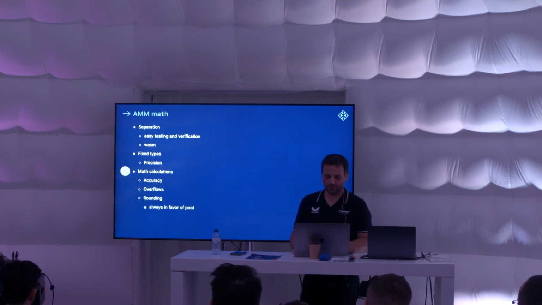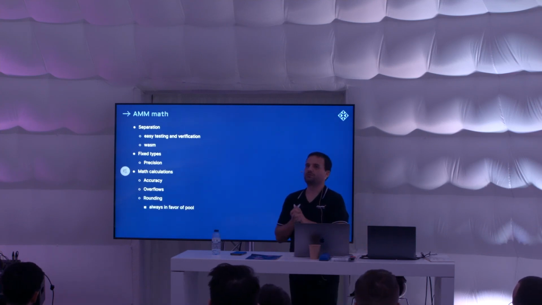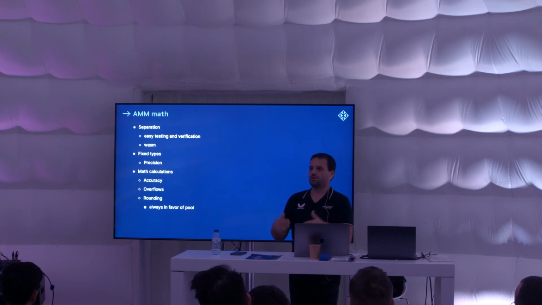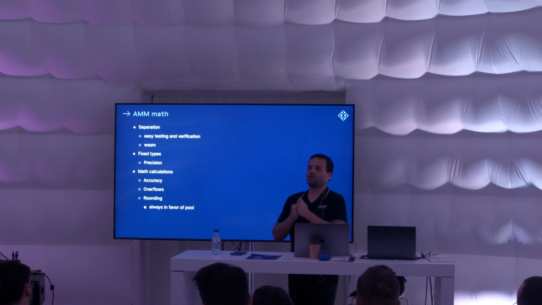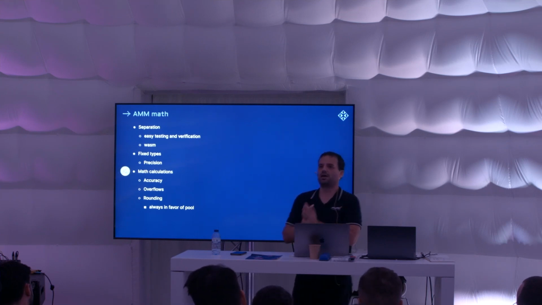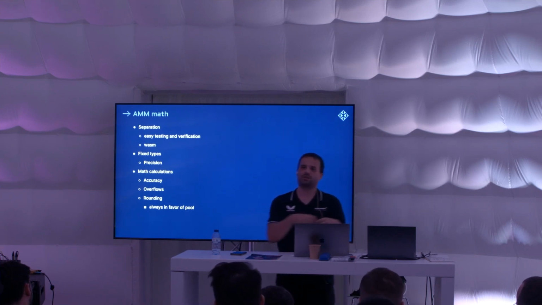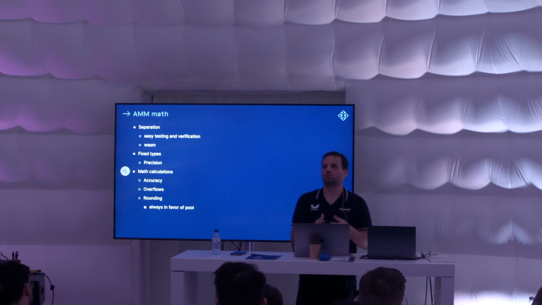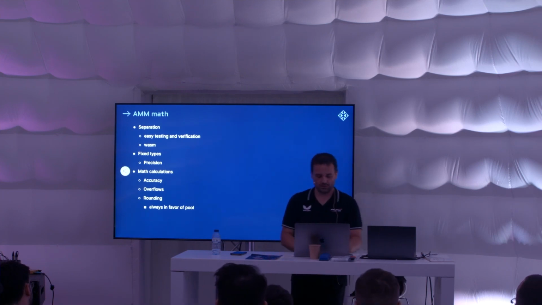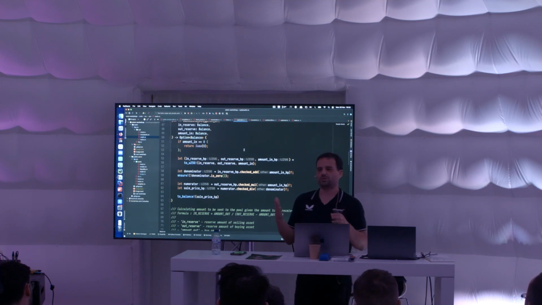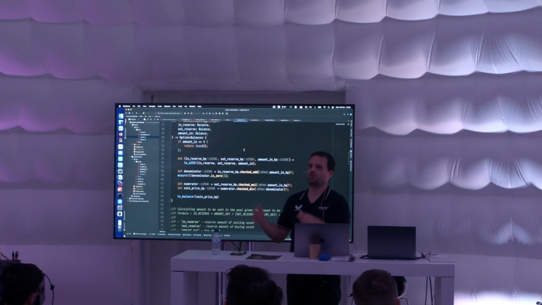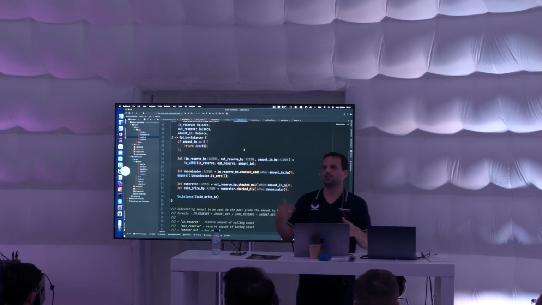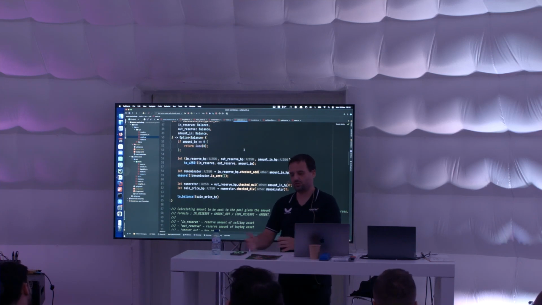rounding, right? Always remember to round in favor of the pool, right? So imagine you are calculating the buy. Like, I want to buy 100, and something has to be given to the pool, which is calculated, right? So if you do the integer division, you might end up with 16, whereas a normal division would be 16.5, right? But if you do just the integer division, you get 16.